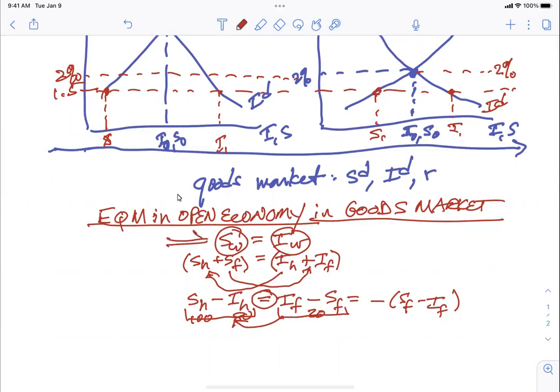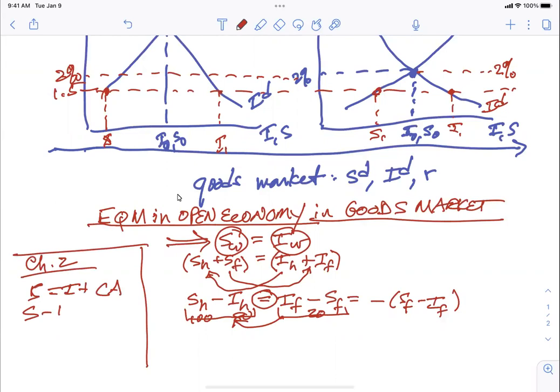So all of this comes from this equilibrium condition, right? So now what is saving minus investment? Well, we know back from chapter 2, but also in this chapter, chapter 5, it comes back again. We know that saving equals I plus CA, right?